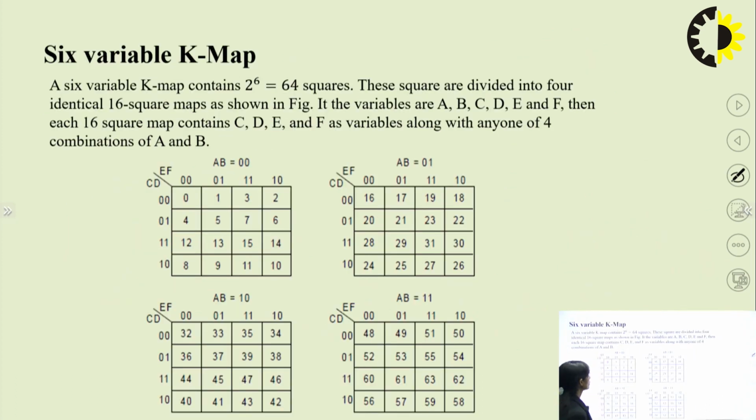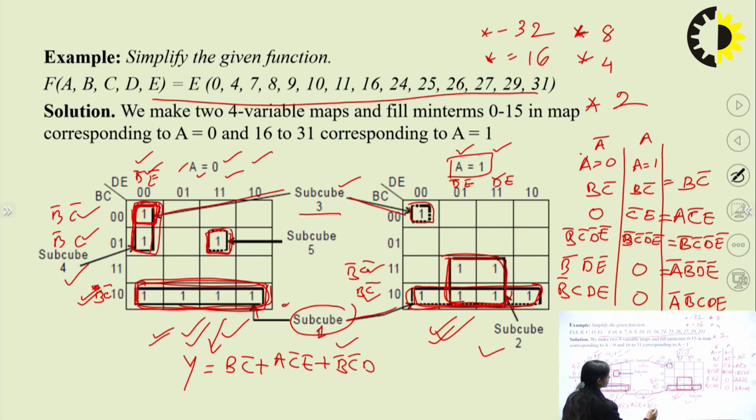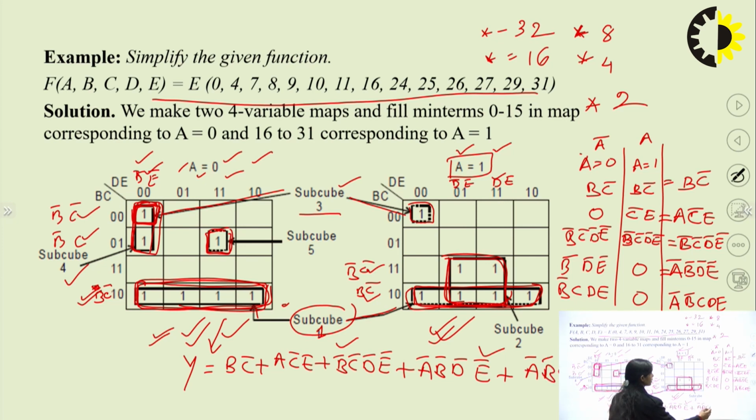The output Y can be written as the sum of BC bar plus AC bar E plus B bar C bar D bar E bar plus A bar B bar D bar E bar plus A bar B bar C D E. This gives you the simplified form of the Boolean expression. So this is how you can simplify the 5 variable K-map.